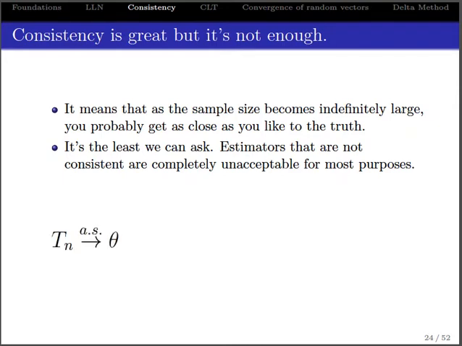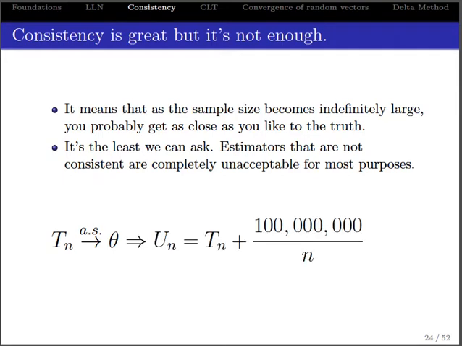In general, consider this example. Tn goes almost surely to theta, and we define Un to be Tn plus 100 million divided by n.